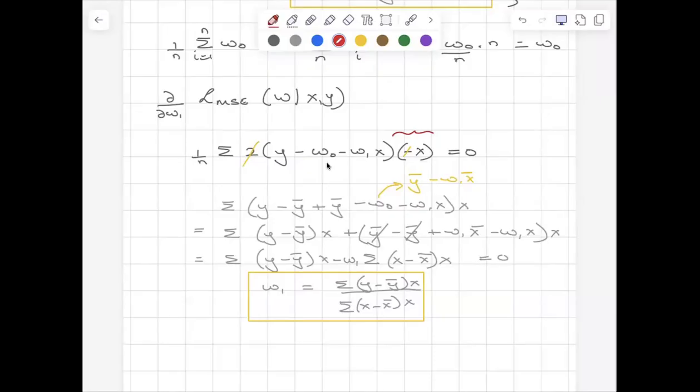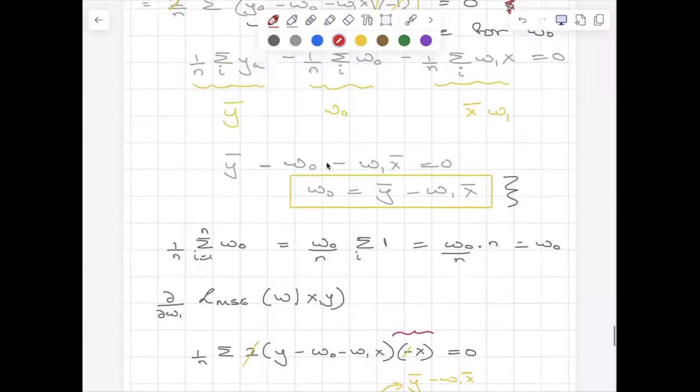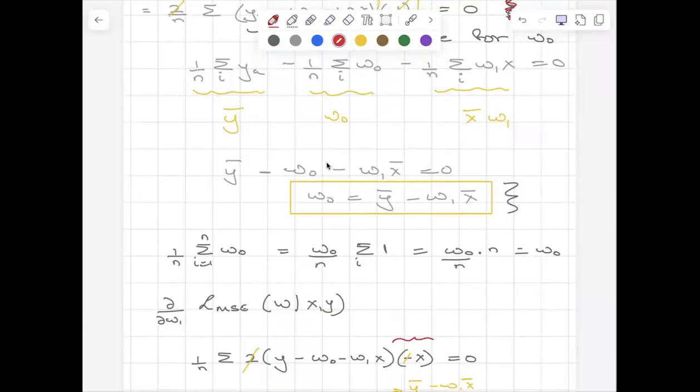So I know my x and y's, I can calculate the y bar and the x bar, I can plug in the values, I can calculate w1, and I can plug in the values and calculate w0. And that's how, in not one step, but two steps, I can directly calculate w0 and w1 such that my loss function is minimized over the data that I've been given.